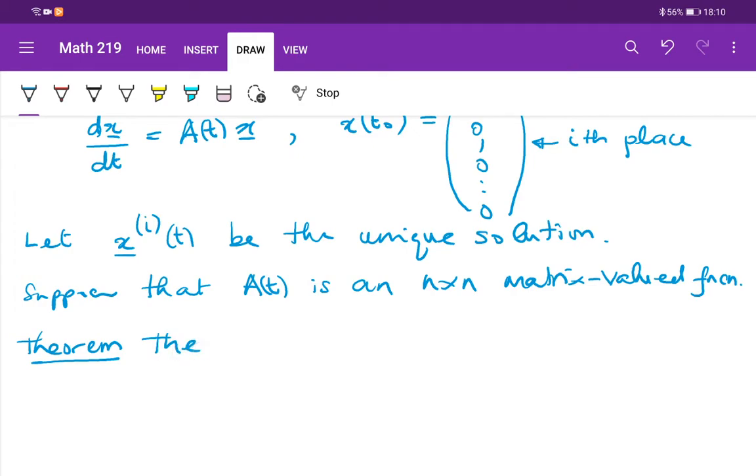So the set of vector valued functions x1(t) up to xn(t) is linearly independent.